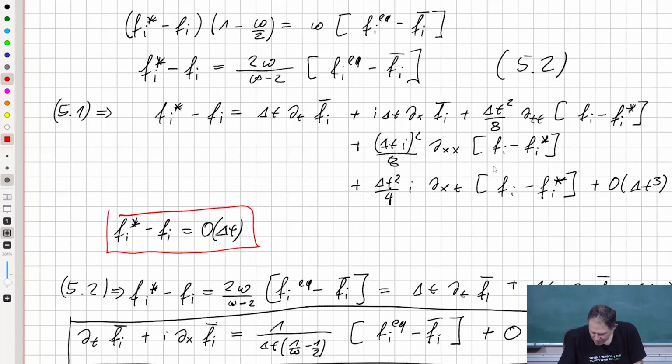This is order delta t, so then it's order delta t cube, because it's order delta t times delta t square. This is why these two are absorbed into this.